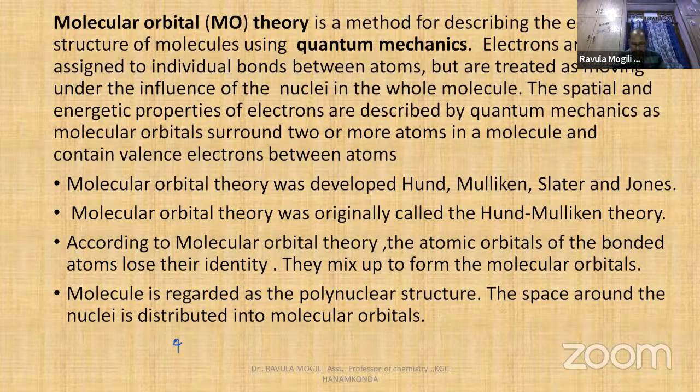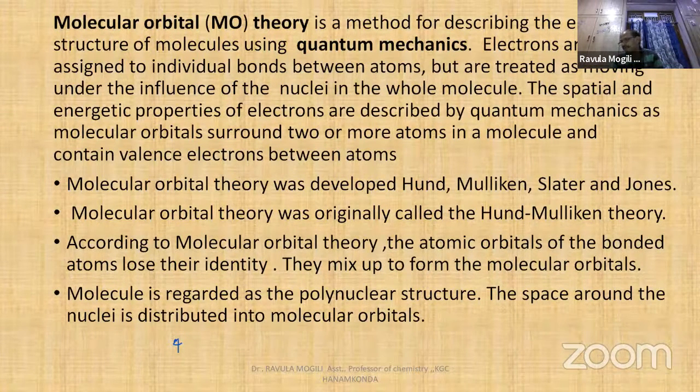For an atomic orbital, the electrons are attracted by only a single nucleus. For a molecular orbital, the electrons attract all the nuclei in the whole molecule.